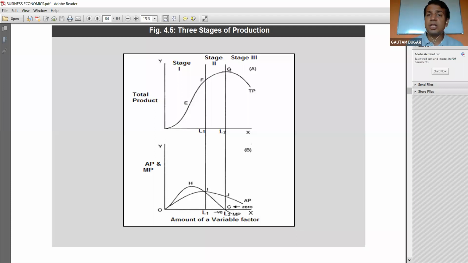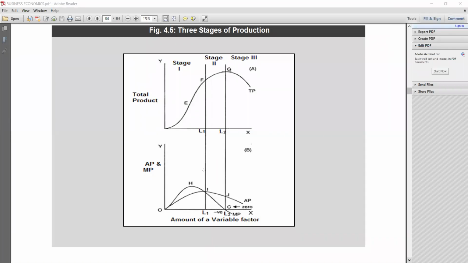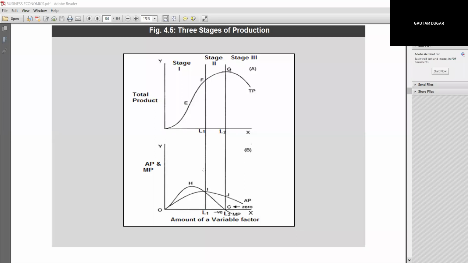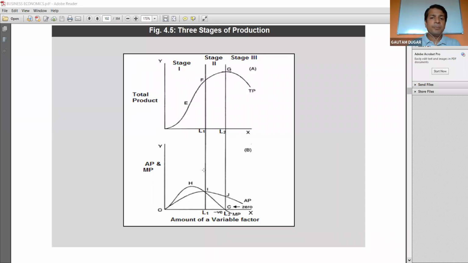The second stage is the stage of diminishing returns, wherein MP continues to fall, AP starts falling, and total product continues to increase at a diminishing rate.